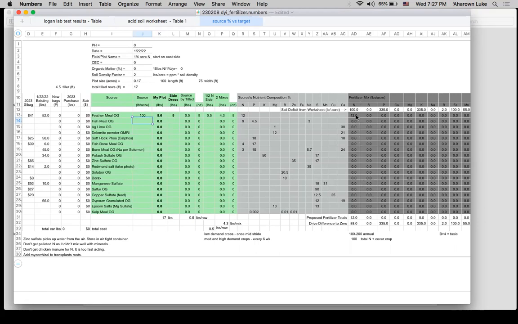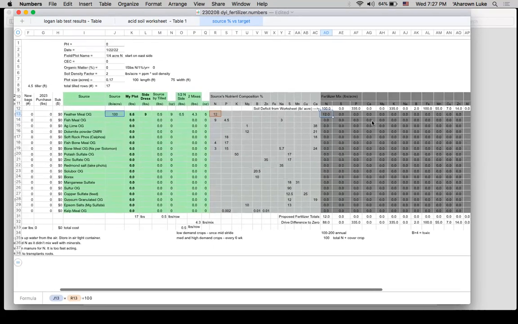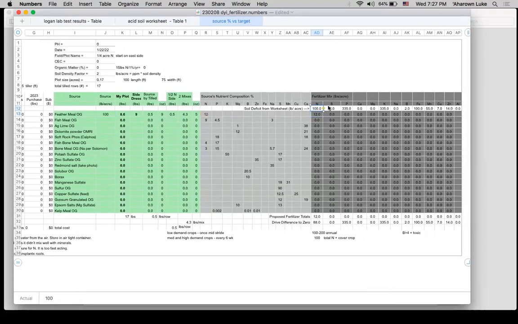So right now, I have 12 pounds of nitrogen from 100 pounds per acre of feather meal. So only 12% of the 100 is nitrogen. So as I'm thinking about the targets, so here's my targets.